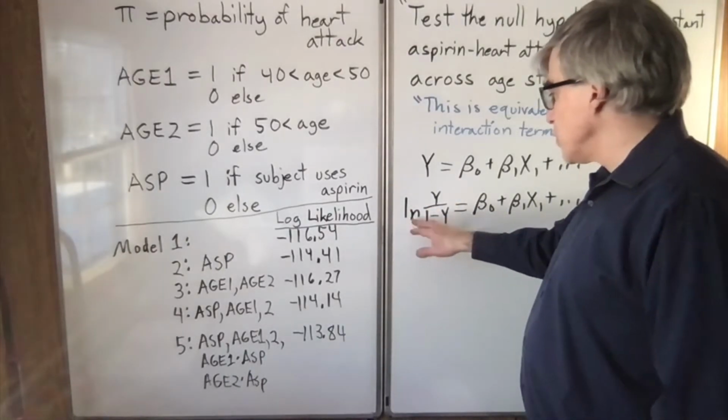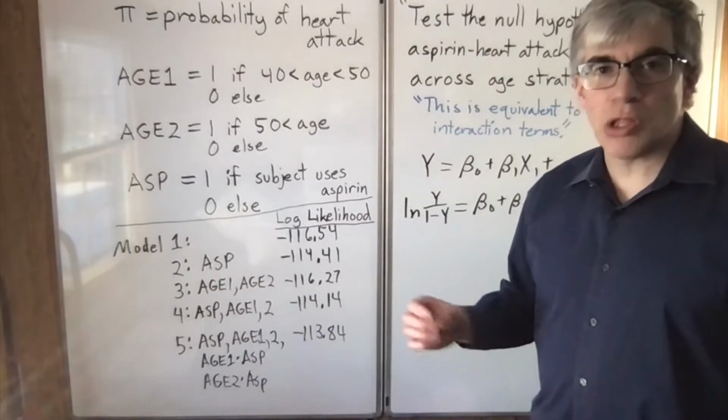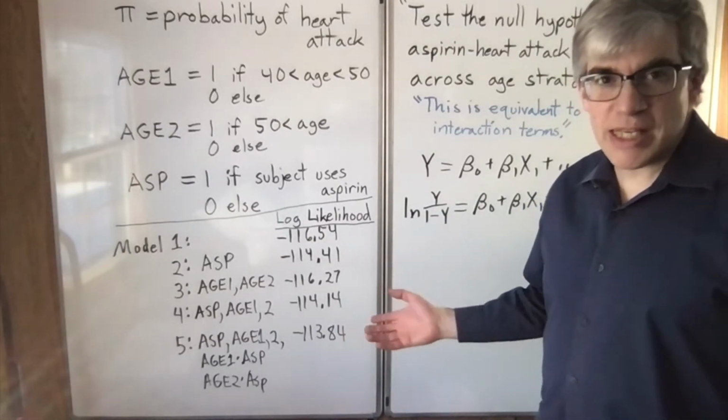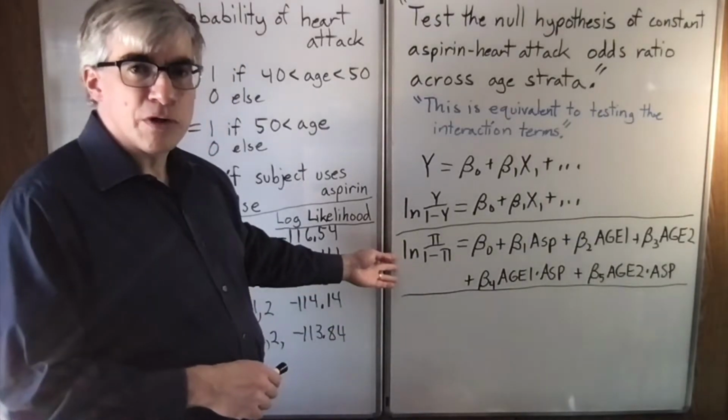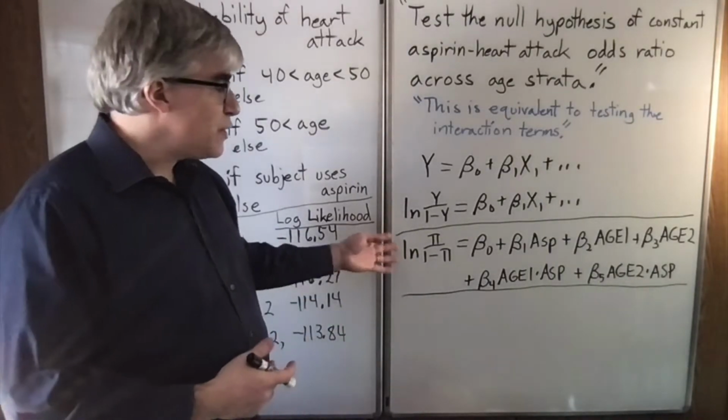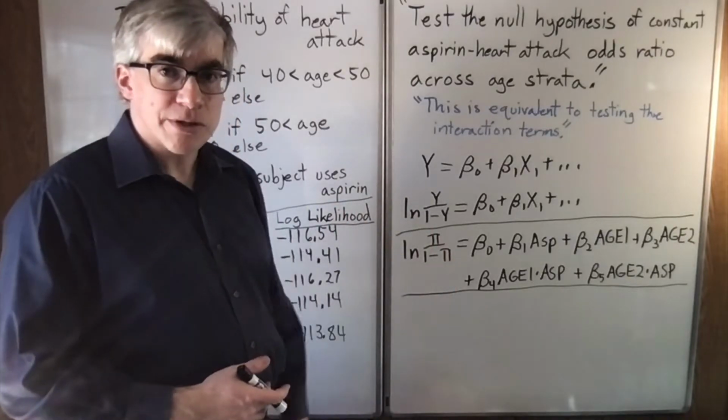And this link function in particular has the name the logit, L-O-G-I-T. So first of all, that's our setting. This is the full model they're talking about, model 5, that includes all the variables.